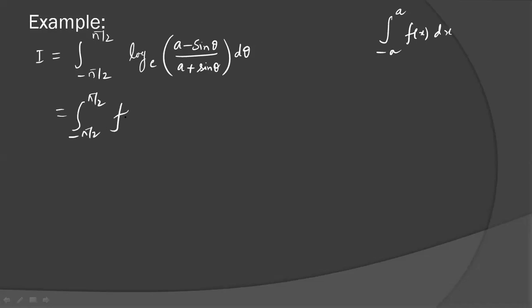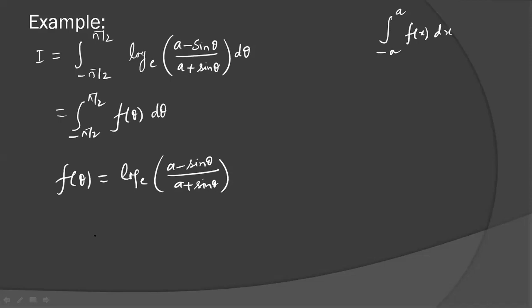Take it as f of theta. Here the variable is theta. So f of theta is log of (a minus sine theta) over (a plus sine theta). Now you can write it like this: log (a minus sine theta) minus log (a plus sine theta). So check f of minus theta.